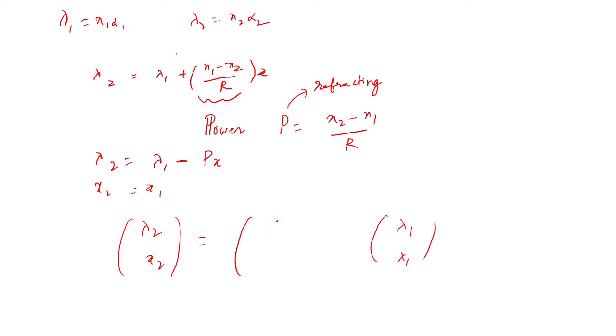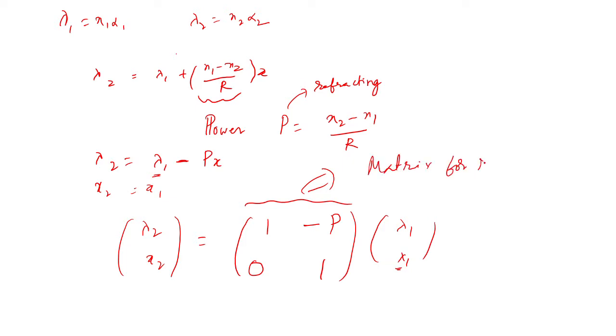I can write it as 1, because lambda 2 is lambda 1 minus p times x1, and then I have 0 and 1, right? So this would be our matrix for refraction. This is our matrix for refraction.